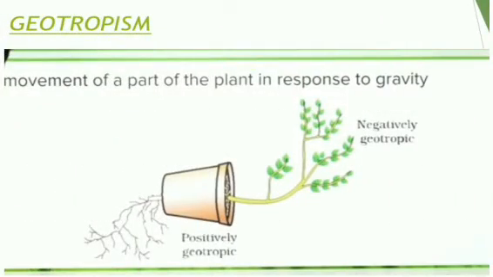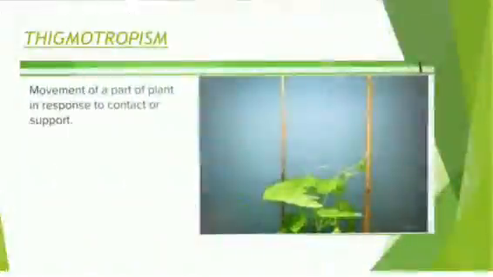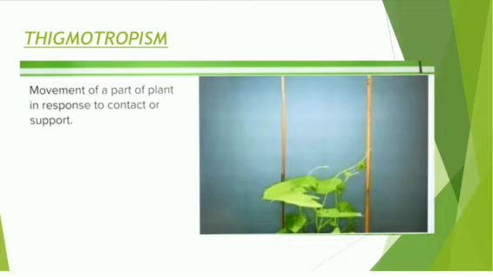See, this is the geotropism example. Here you can see shoots are negatively geotropic, and the roots are positively geotropic. And the final one, that is thigmotropism.